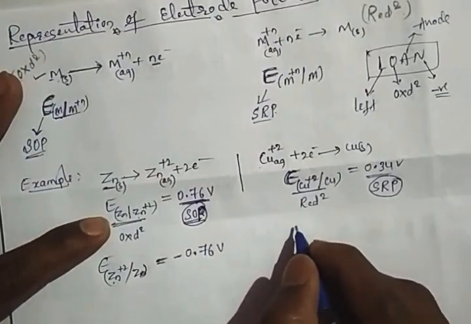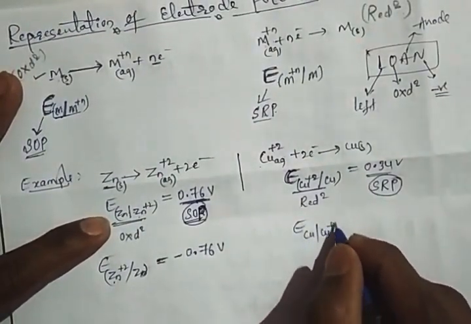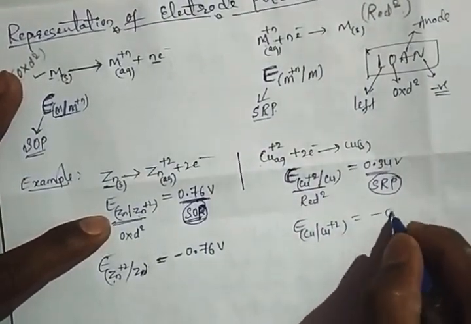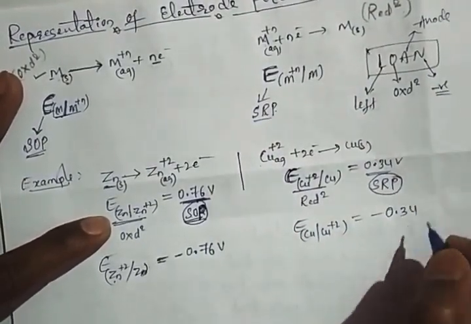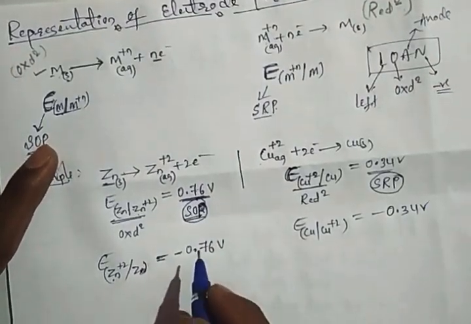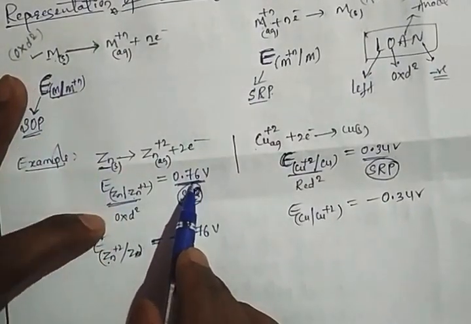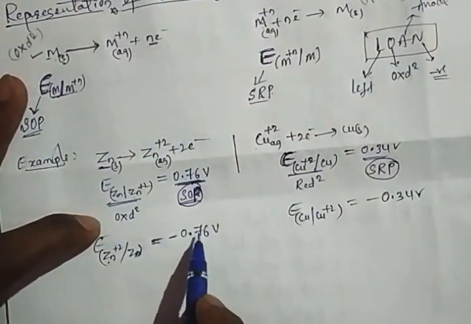Similarly here you can write the oxidation potential of copper, Cu bar Cu2+, as minus 0.34 volt.